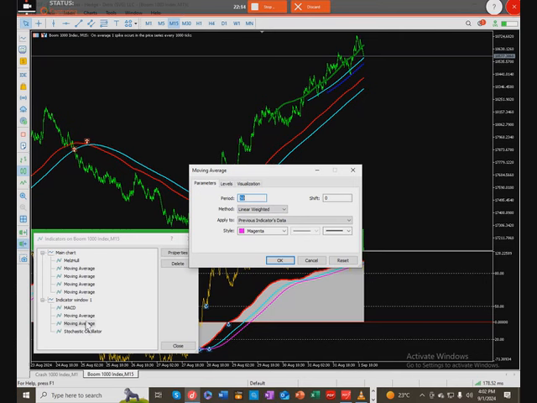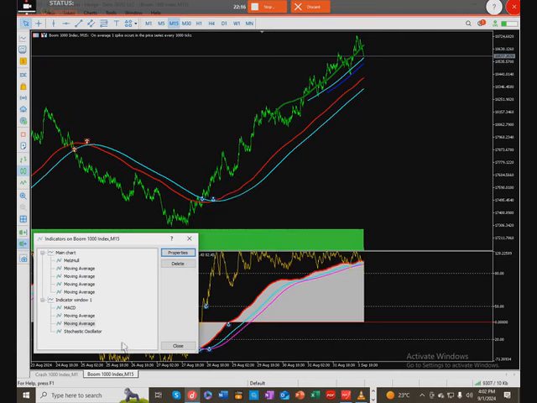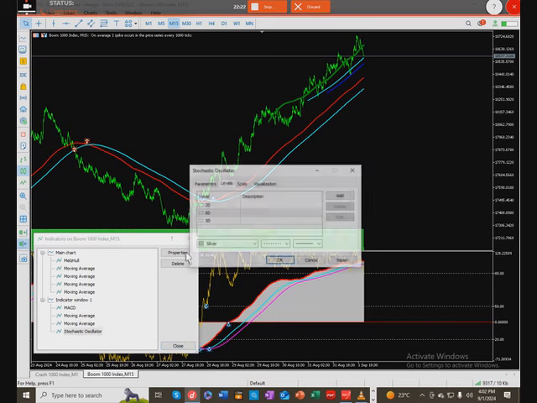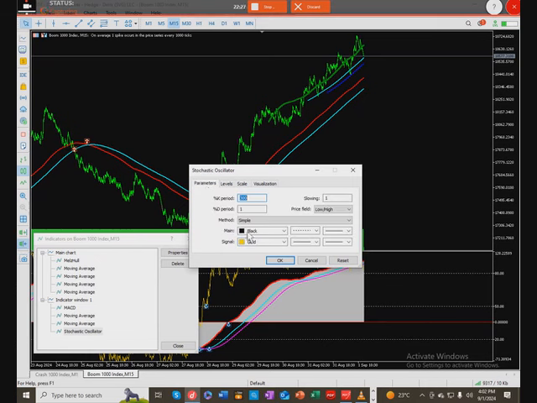All right, and then on the stochastic oscillator, the K period is 300, slowing is 1, D period is 1, price field is low and high, method simple.